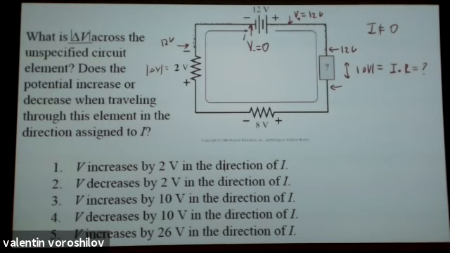So potential changes by 2 volts, but in what direction? Well, first of all, we can read, yeah, we see a minus, we see a plus, but technically we don't have to see those, because as we know, electric current travels in the direction from high potential to low potential. So this electric potential here, I'm saying potential.